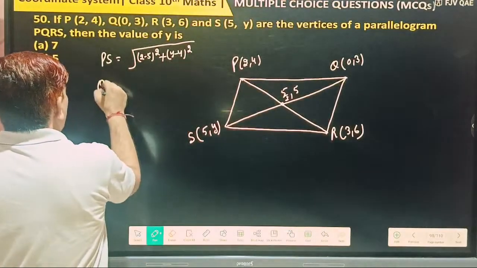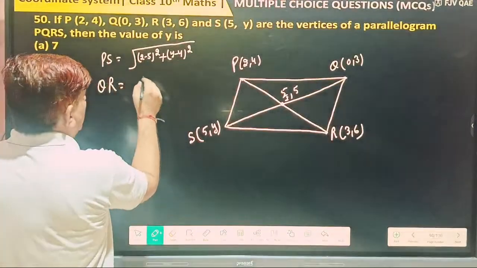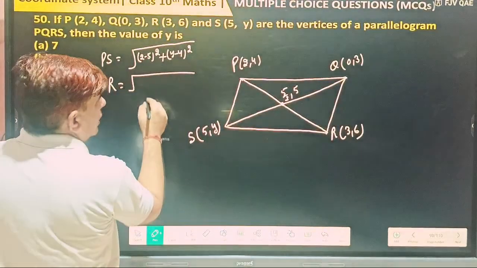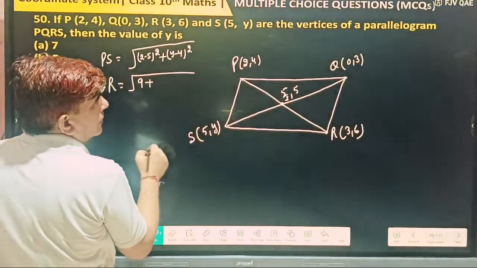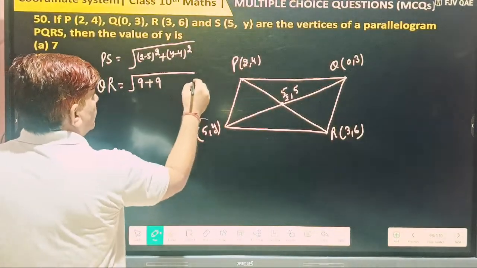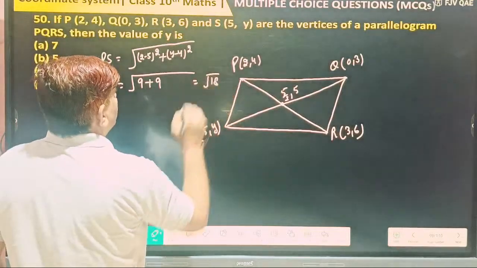And what is QR? QR equals under the root 3 minus 0, 9, 6 minus 3, 9, which is equal to under root 18.